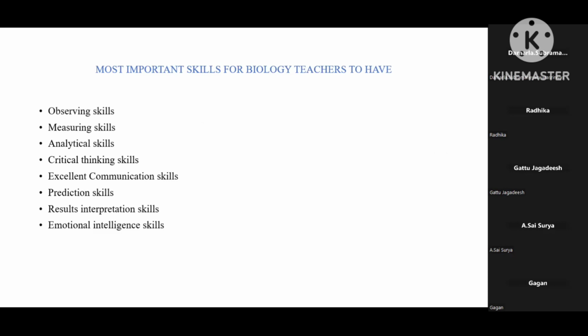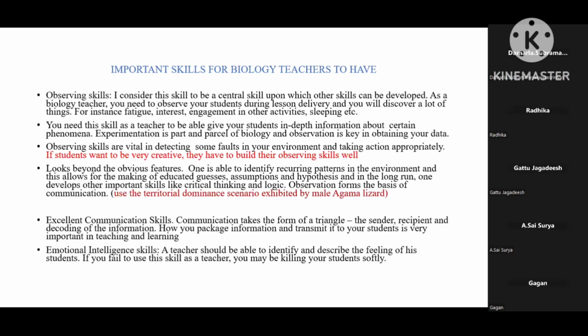We have observing skills, measuring skills, analytical skills, critical thinking skills, excellent communication skills, prediction skills, resource interpretation, then emotional intelligence skills. There are several other skills a biology teacher is expected to possess, but I just enumerated these few. And out of this, I would like to just talk briefly about the observation skill.